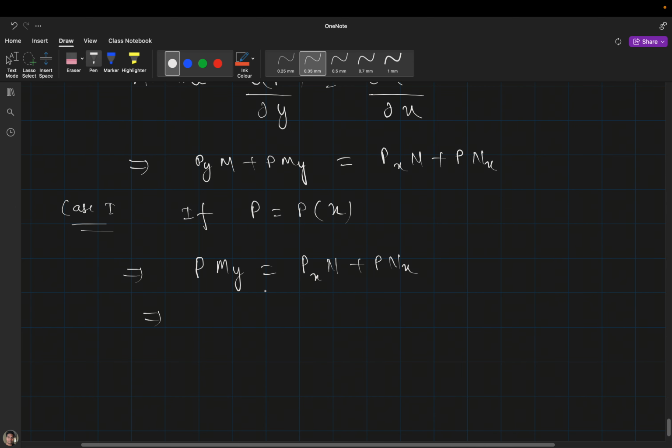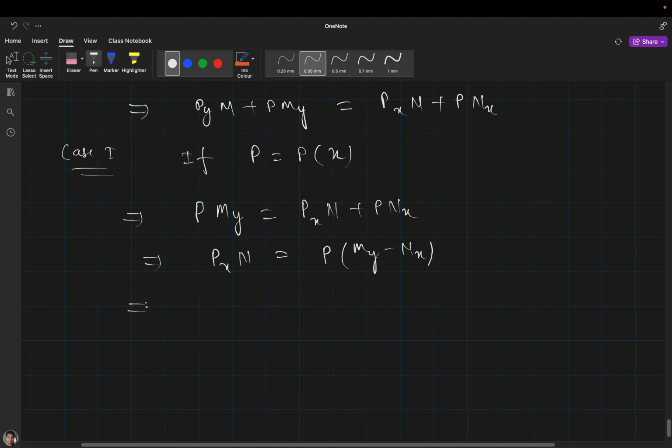Now subtract this, and you will get Px N equal to P times (My minus Nx).